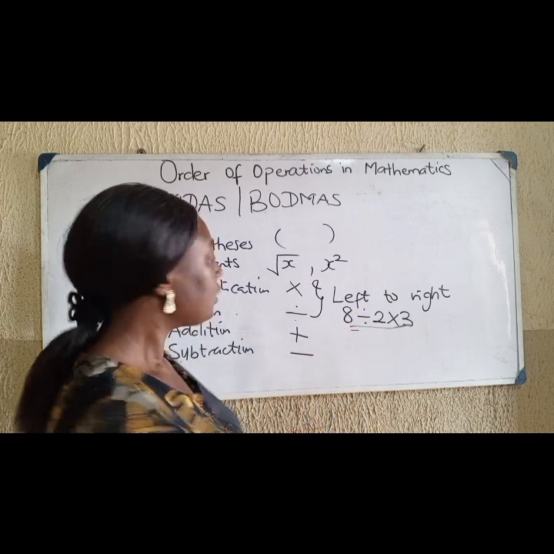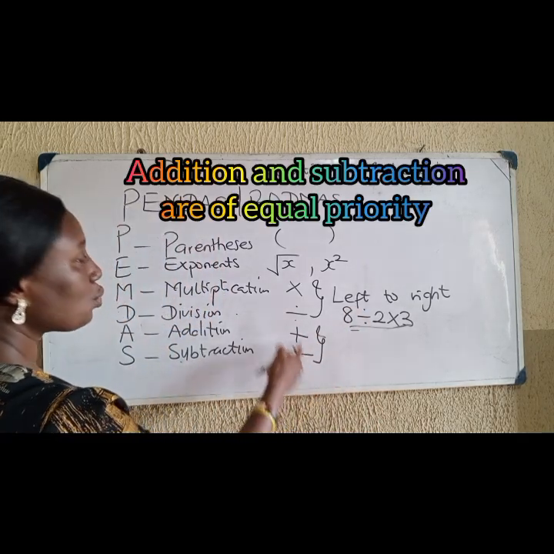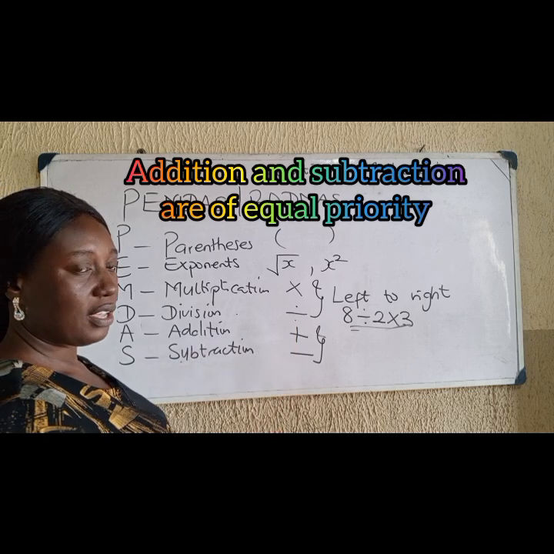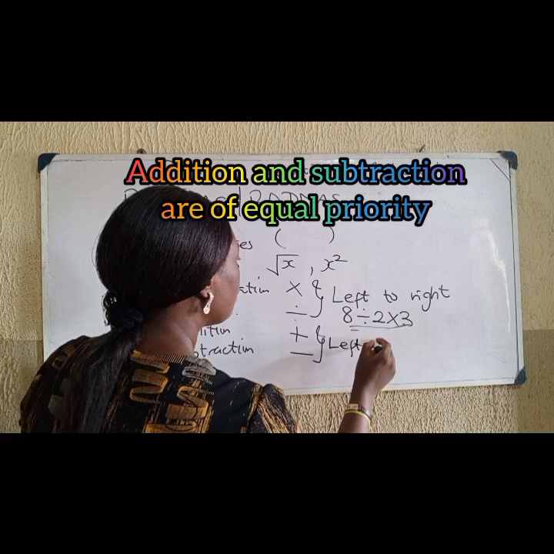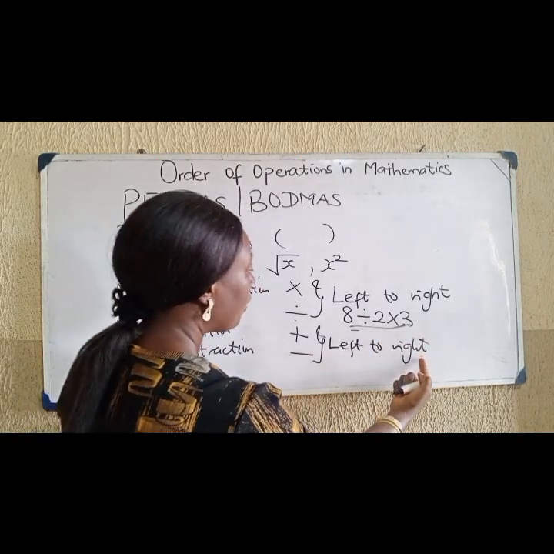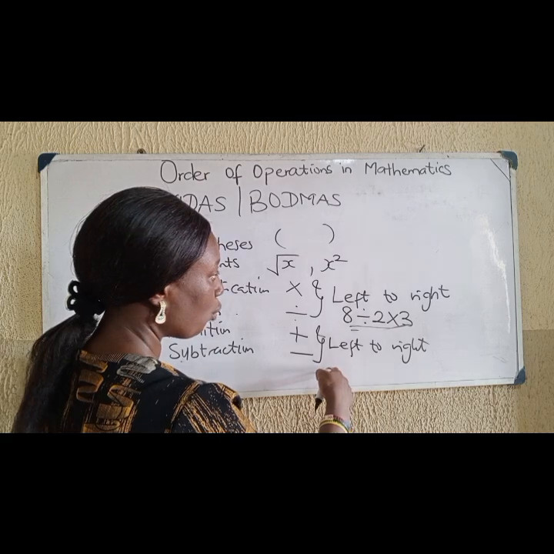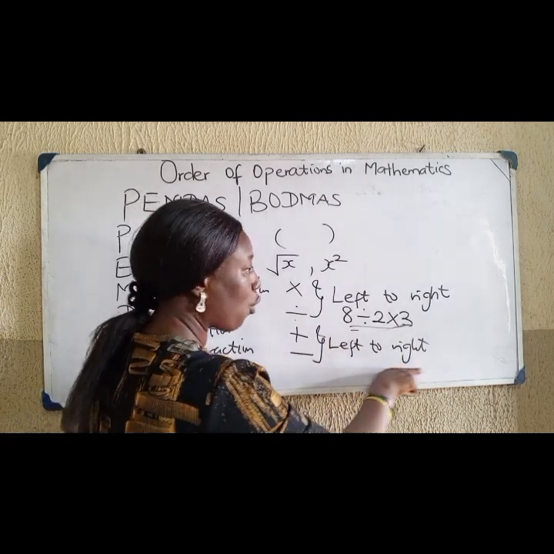Is it clear? Now, addition and subtraction, these two are again of equal priority. So you solve from left to right and not from right to left, on how the question occurs.